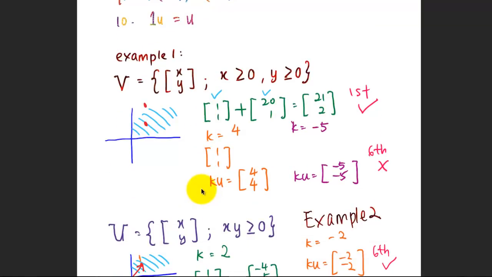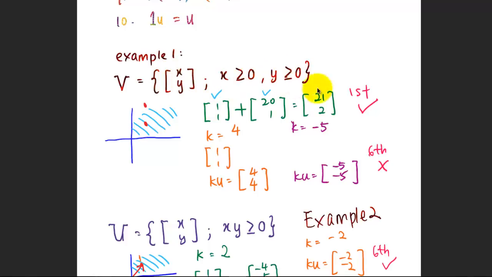So let's look at a simple example here. Imagine that you have a set of objects (x, y). This is a vector, where x must be larger than or equal to 0 and y larger than or equal to 0. Let's take random members from this set of objects as long as they fulfill the criteria.